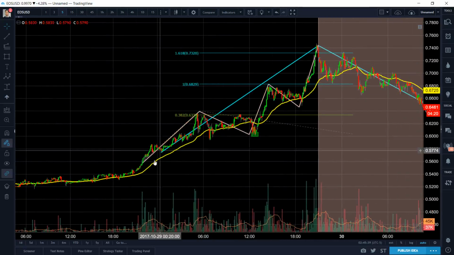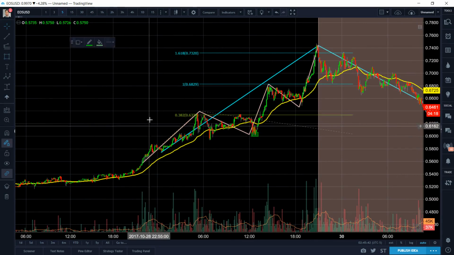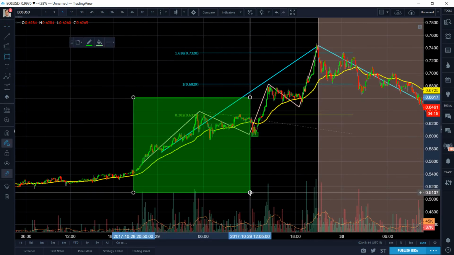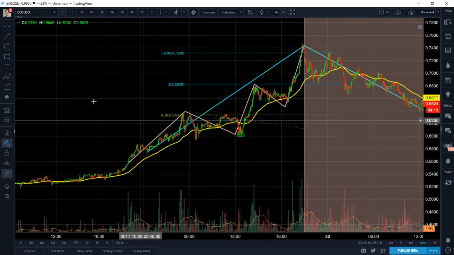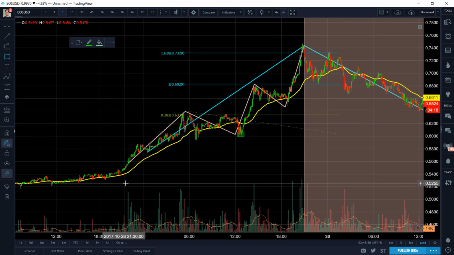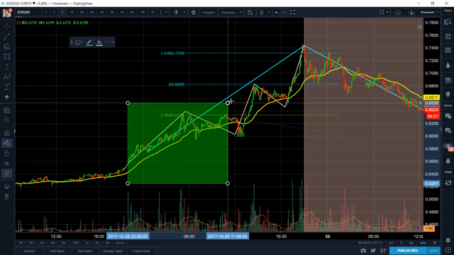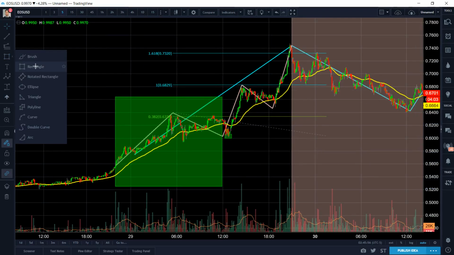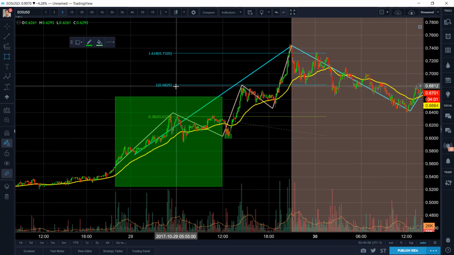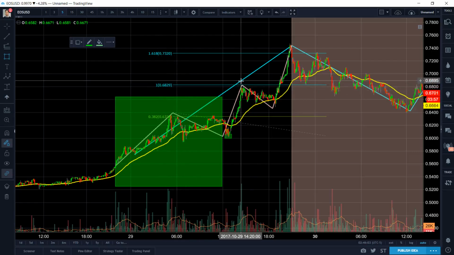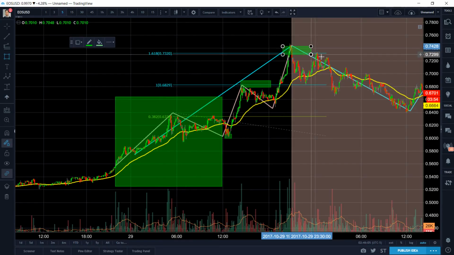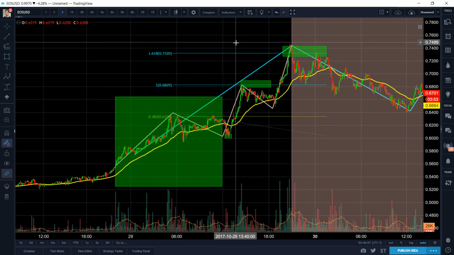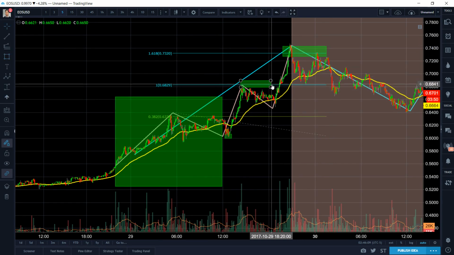So as soon as this specific area has formed, what you would do is set a target box, okay? One target would be at the 1.0 Fibonacci level, right there at this price, and the second one would have been a second target right here. And surely enough, they hit those specific targets, right?